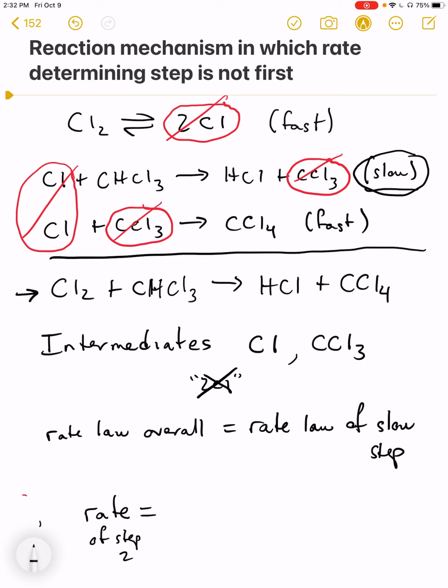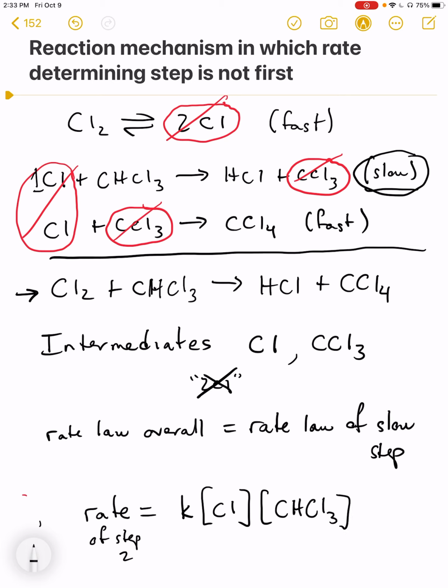is going to be equal to the rate constant K times my chlorine, and there's a coefficient of 1 here, so it would be to the first power, which is unwritten, and then also the CHCl3.